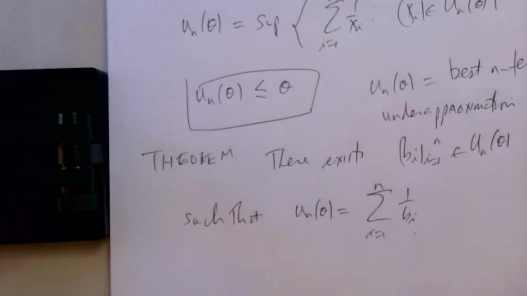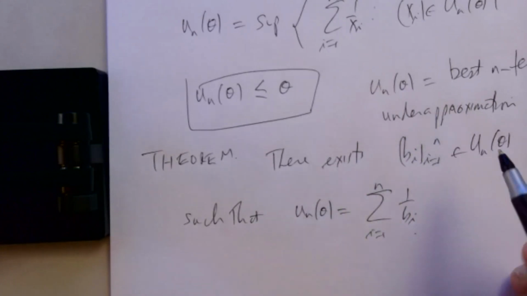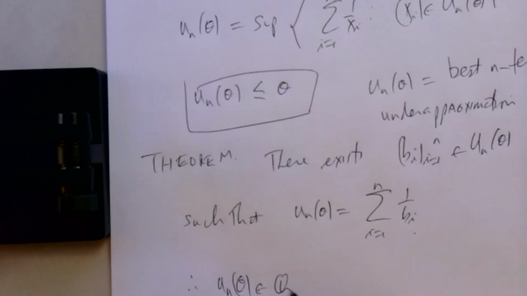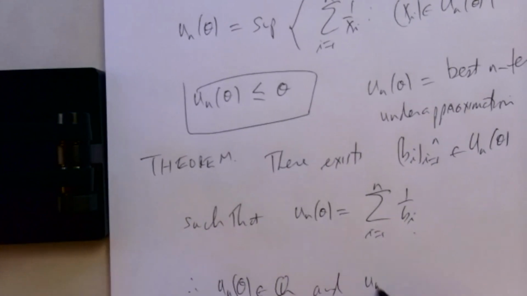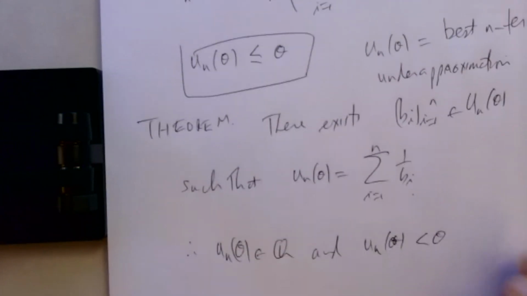So in particular, the best approximation is a rational number and it's strictly less than theta.